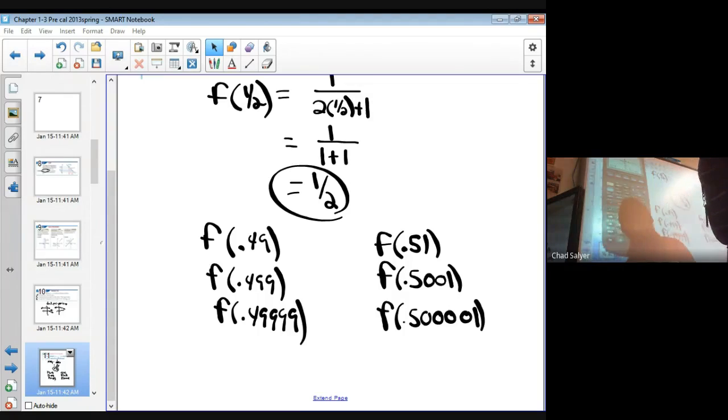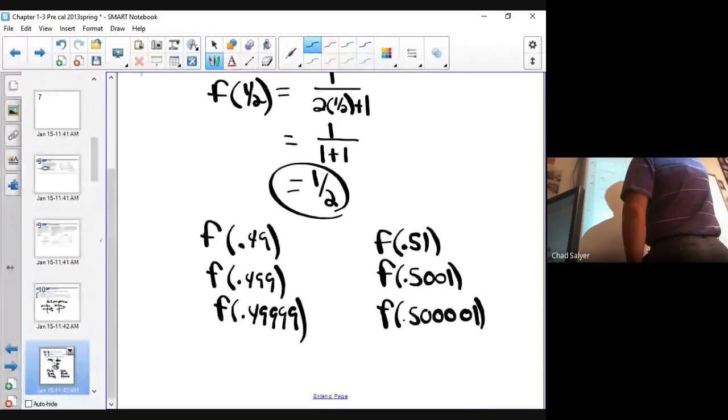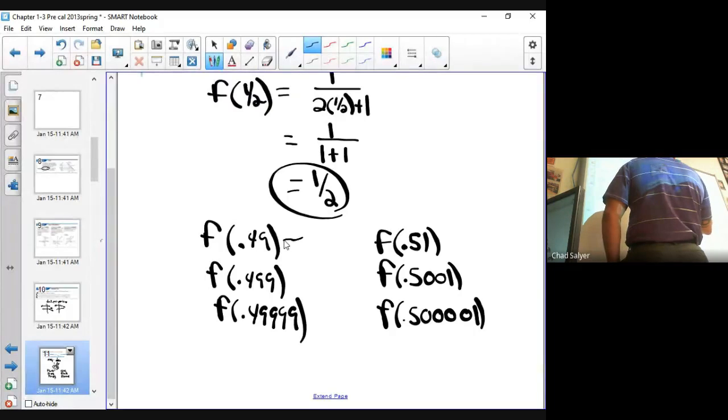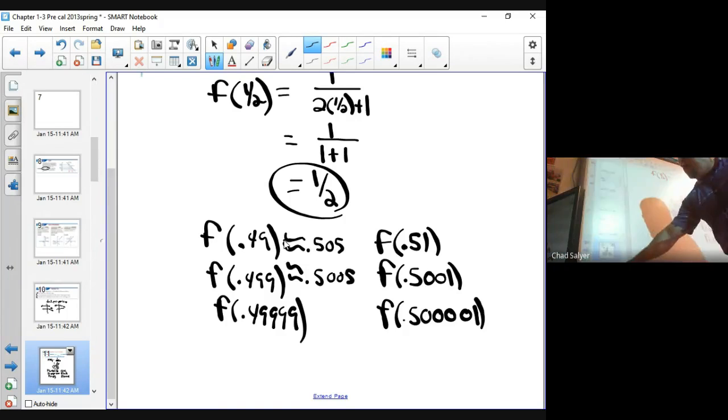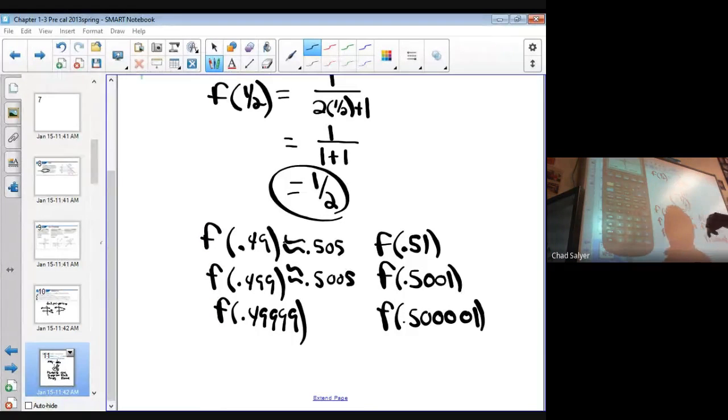It tells me it's 0.505. And then let's try 0.499. That gives 0.5005. And this last one I put in, 0.4 and then 4 nines, gives 0.500005.